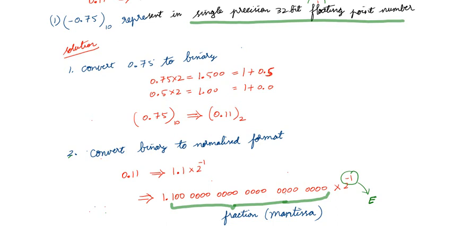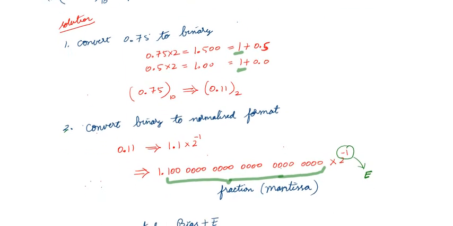Next, I again take the fractional part, 0.5 times 2, which is 1.0, so I can write this as 1 plus 0.0. Now I take this 1 and this 1, writing them from the top: 0.11. So 0.11 is the binary representation of 0.75. That's the first step.